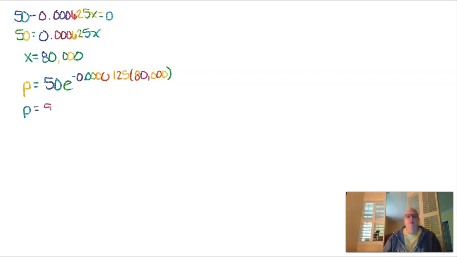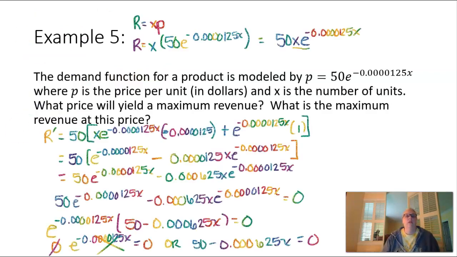And remember, I'm going to round this to dollars and cents because this is money. I'm going to put this in the calculator and see what I get. And it's giving me about $18.39. Okay, so the price that will yield a maximum revenue is $18.39.